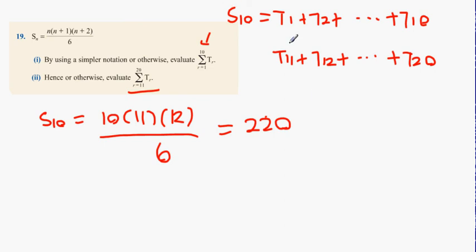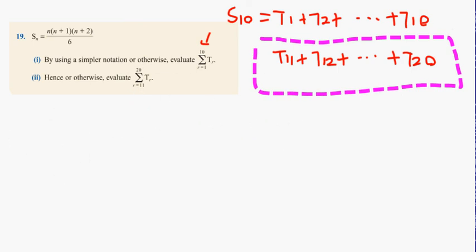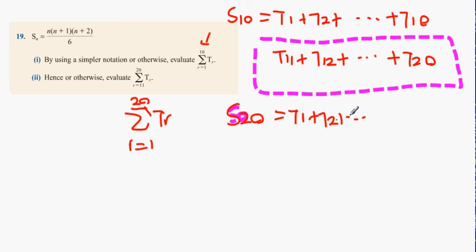Now if I look specifically at S20, it will be the equivalent of the sum from r equals 1 to 20 of Tr. That would be T1 plus T2, dot dot dot, plus all the way up to T20.